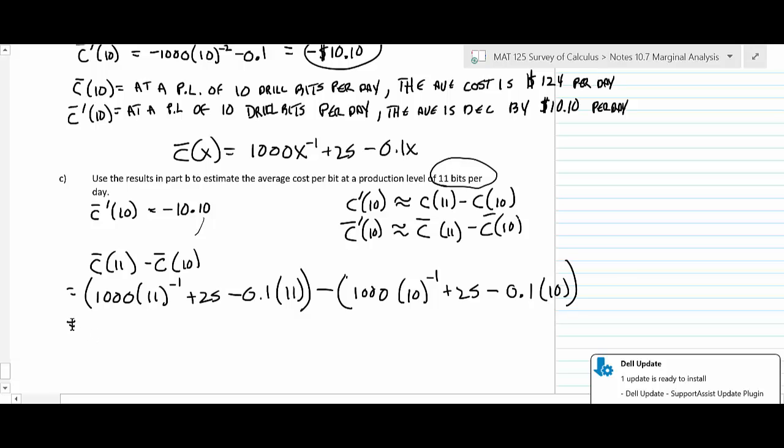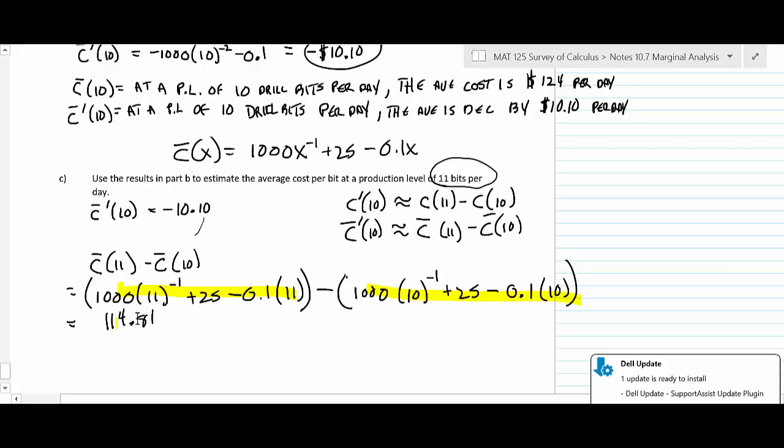Okay, now I'm just going to put this in my calculator. I want to make sure that you know how to do this. I'm going to do this first and record it, and then the second and record it. So I've got 1,000 times 11 to the negative 1, plus 25 minus 0.1 times 11. Okay, so that gives 114.81 approximately.